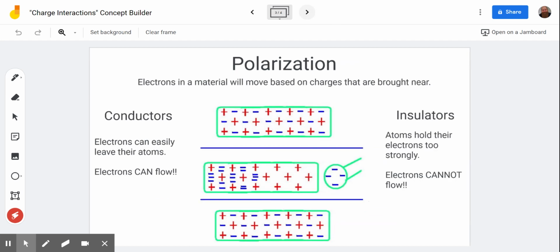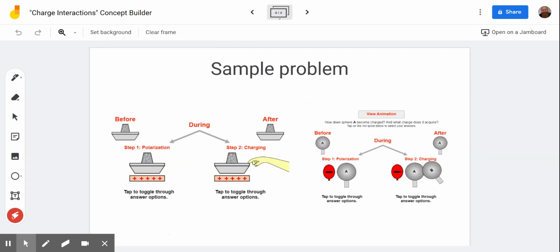The same idea is present now when we take an object, typically a conductor, and we bring a charge near it. We know that the electrons, which are negative, will be repelled from these other negative electrons, and so they're going to be pushed to the far side of this bar, leaving a positive end and a negative end. Okay, let's get into how we apply that today.